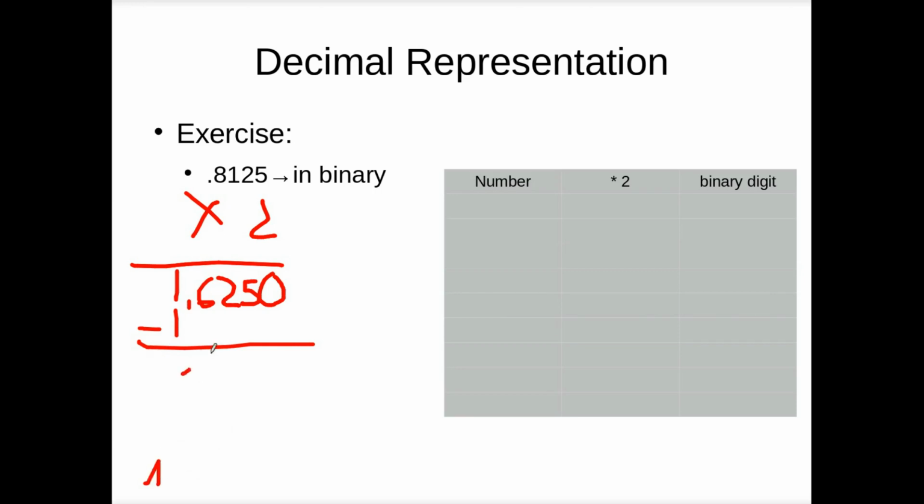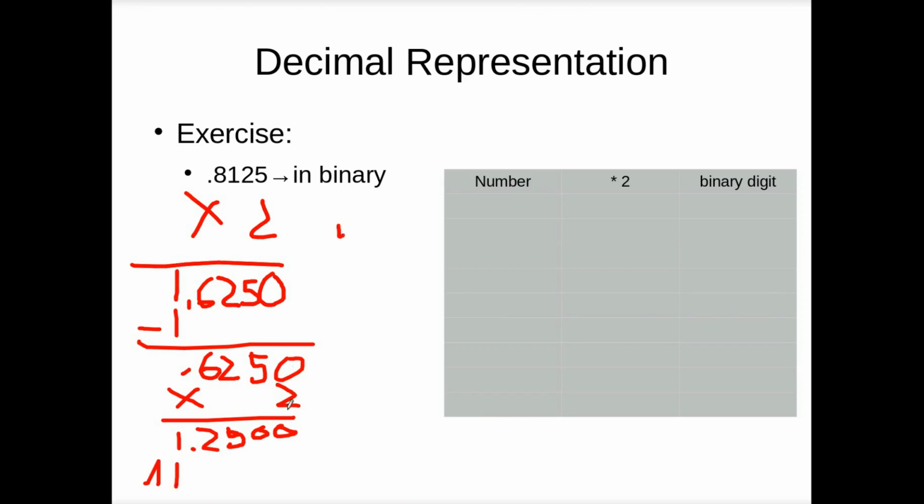Then I'm going to multiply 0.625 by 2, which is 1.25. Subtract that, so there's another 1 here.